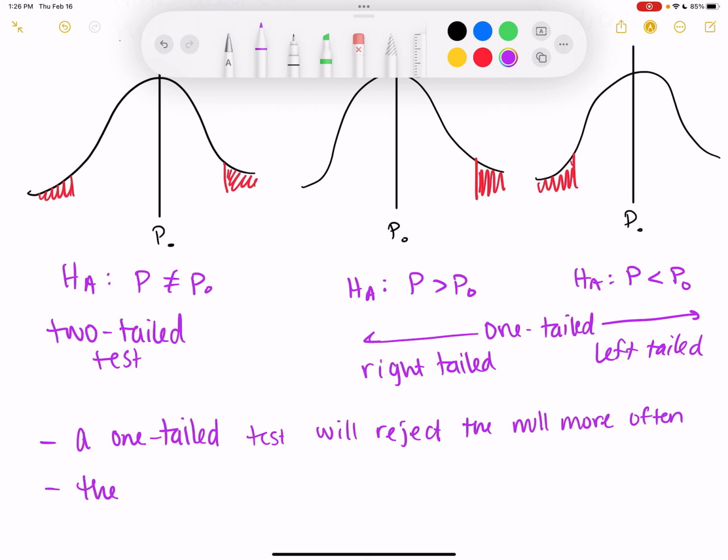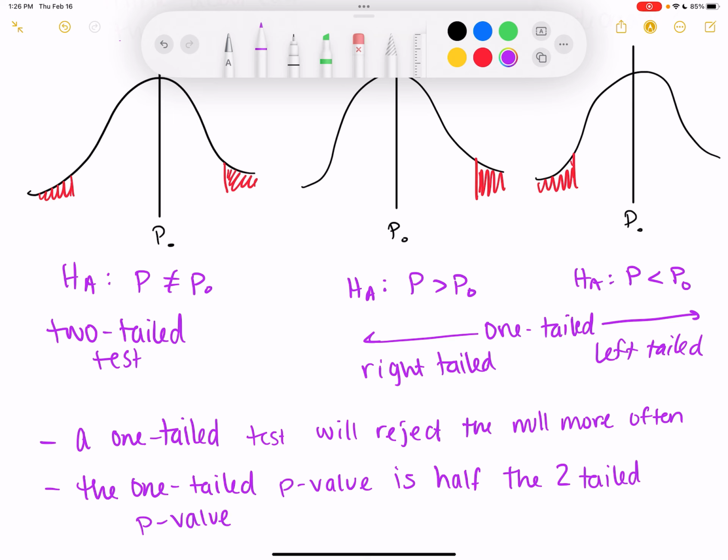The one-tailed p-value is half the two-tailed p-value. Because obviously, the right tail would just be this side of the two-tail, and then the left tail would be just this side of it. So that's where that comes from. And that's all the notes for that.